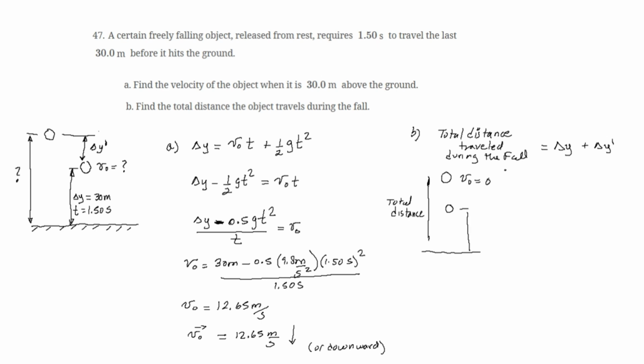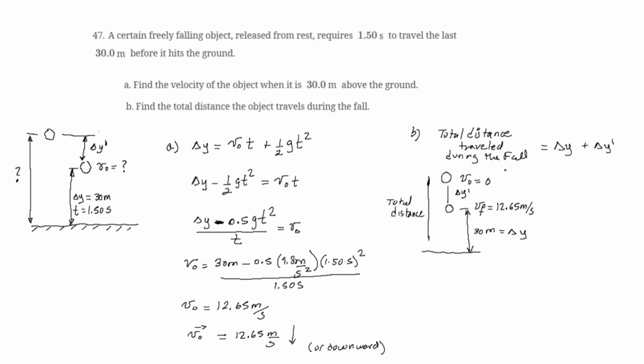In the previous step of the problem, I considered that initial velocity, but now, in this interval that goes from the point when it was released to 30 meters above the ground, this will be the final velocity. At that point, it is 12.65 meters per second. And what I want to do is find this distance that I have called delta y prime.